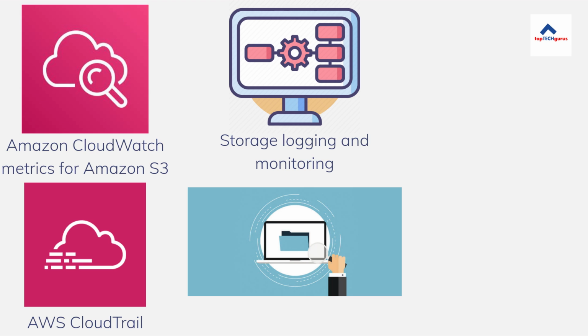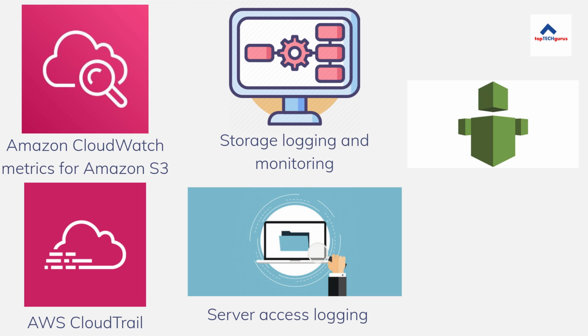Server access logging gives a detailed record of the requests that are made to a bucket. This can be used for conducting security and access audits and to learn about our customer base and understand the Amazon S3 bill. AWS Trusted Advisor evaluates our account to identify ways to optimize AWS infrastructure, improve security and performance, reduce cost, and monitor service quotas.